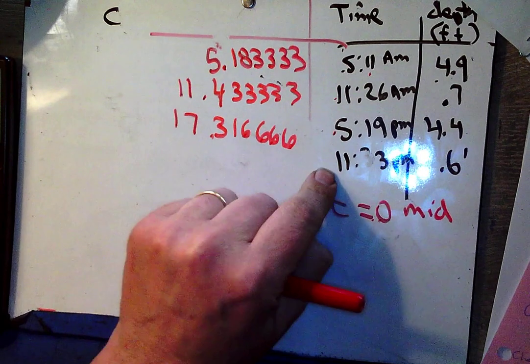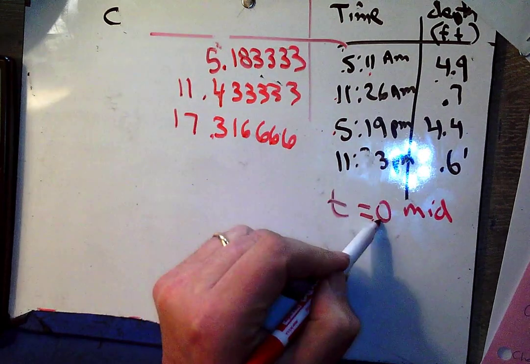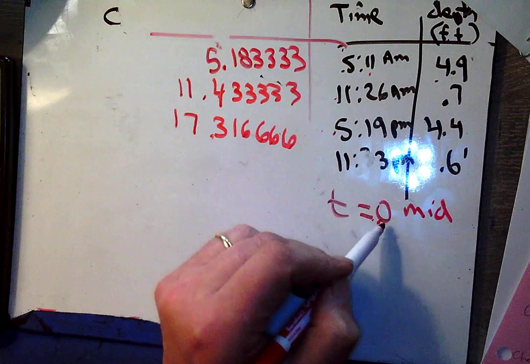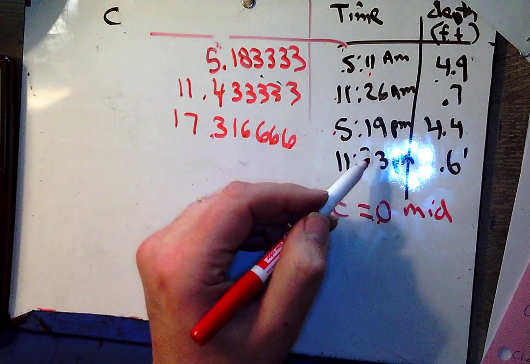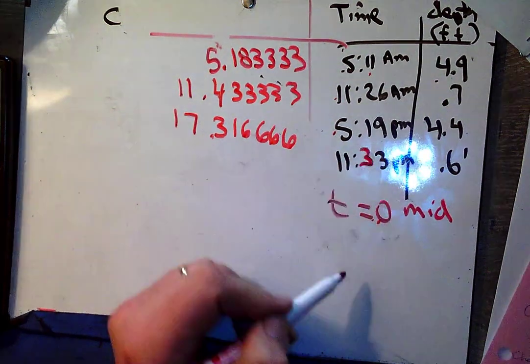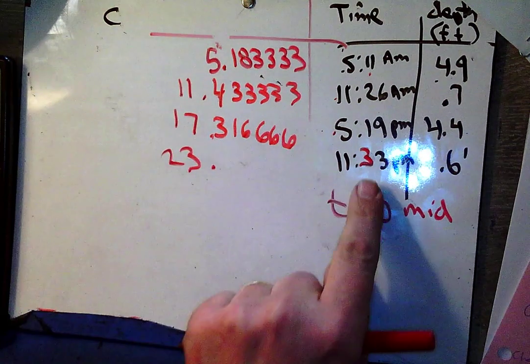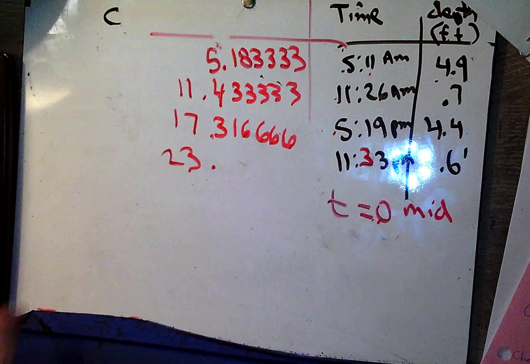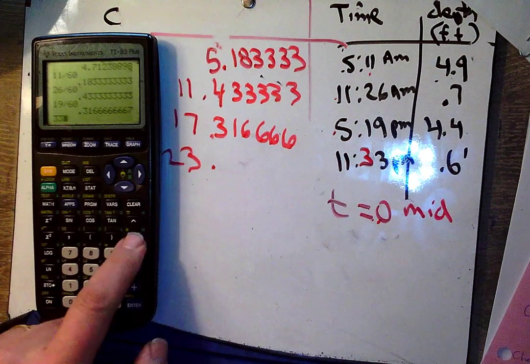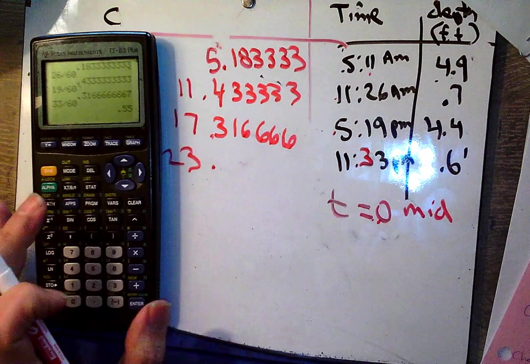Now this one. Well, if I got back to midnight, 24 hours would have gone by. So if I'm not getting back to midnight, this must be 23.55, from 33 divided by 60, which gives 0.55.